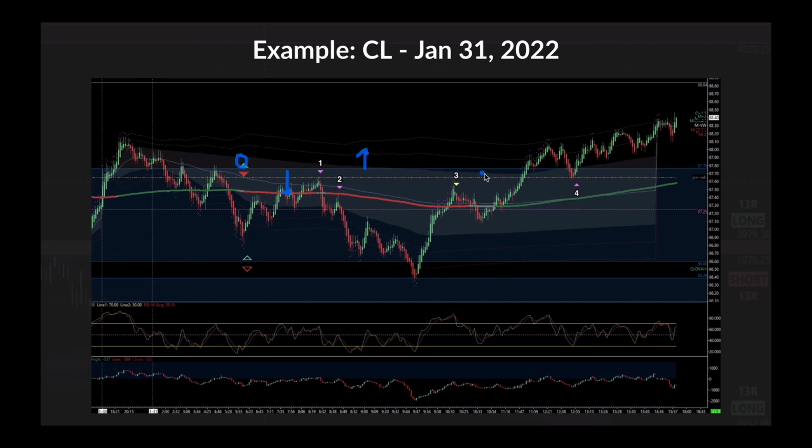And the idea is we want to accept above this line here. And as we accept above this line, we need to find a way to get in. Okay. So what happens is we have this move up. Very nice acceptance right through here. We come back and test back down. Now these lines are areas. Okay, so they're areas. I don't treat these as just like a hard line, right?